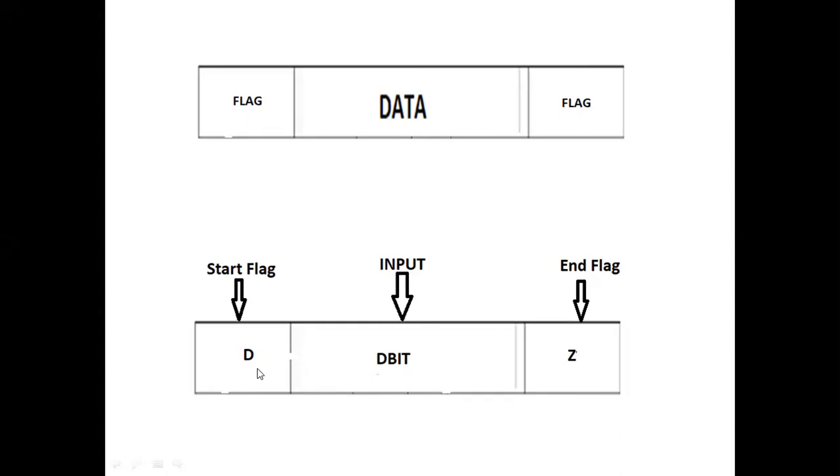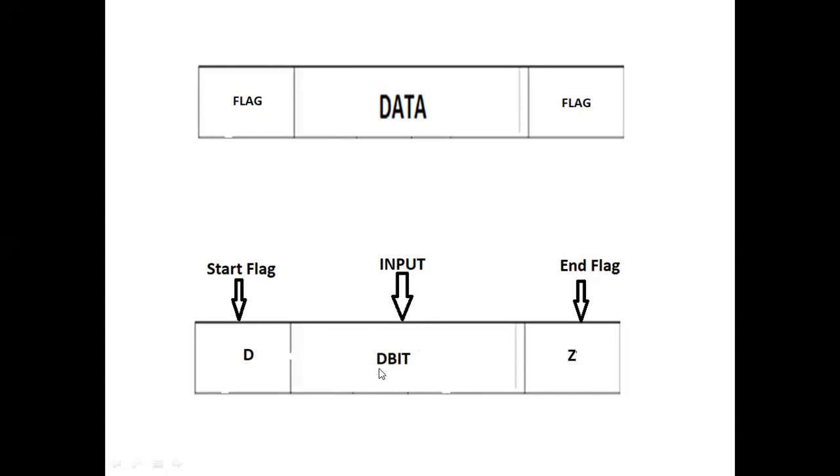There is a D which is part of the start flag, and a D which is part of the data. So at the receiver there is a confusion whether to consider the D which is part of the flag as the flag, or the D which is part of the input data as the flag.